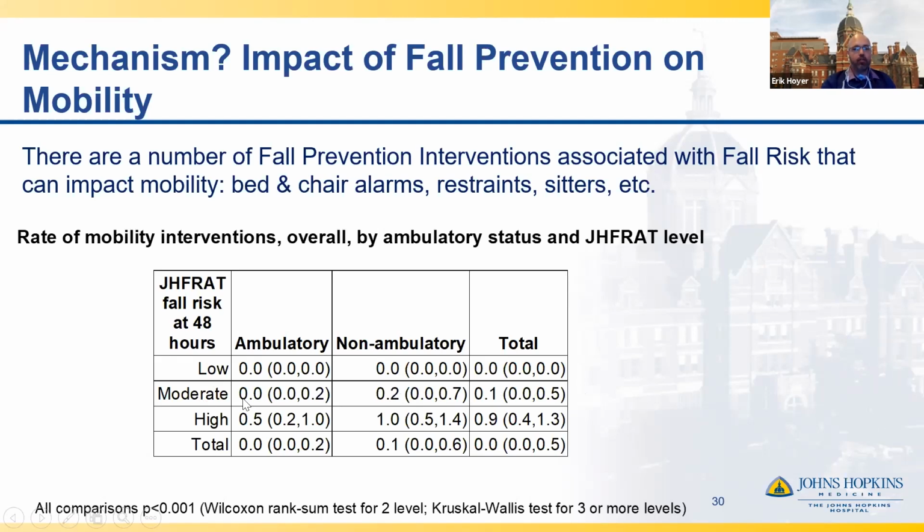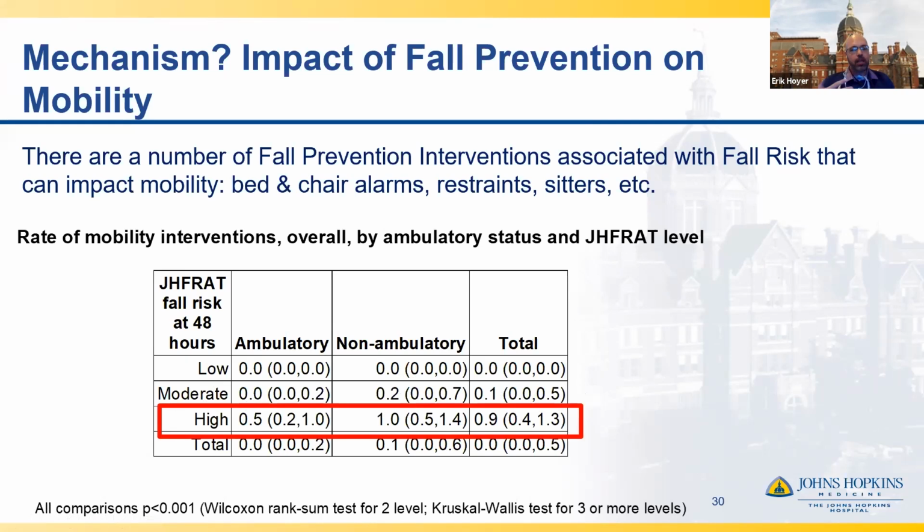And for patients who are at high fall risk, first of all, we're seeing lots of interventions being selected by nursing that could impact mobility, but particularly for patients who are non-ambulatory, we see the highest rates being selected.